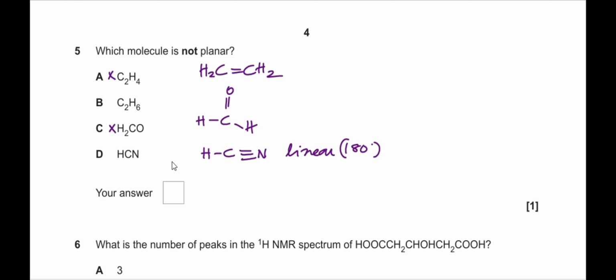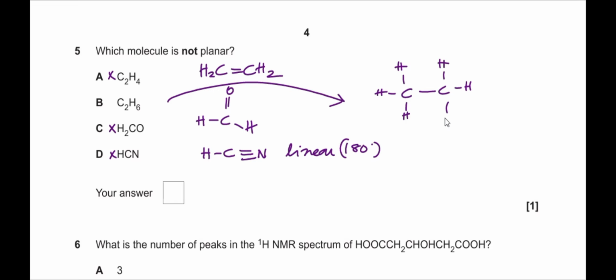Therefore, it cannot be our answer. So the only option here is B, C2H6. C2H6 is ethane. You can see here C, 3 hydrogen atoms here, and C, 3 hydrogen atoms here. So CH3, CH3. It has got a three-dimensional shape. Therefore, that's our answer.